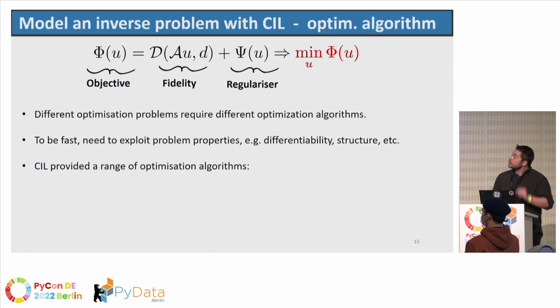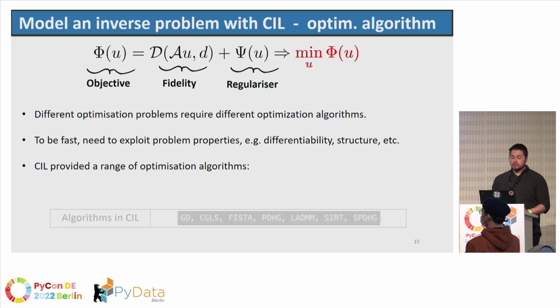The last component we need is, once we have specified everything, we end up having an optimization problem. So this optimization problem, we need to solve that. Depending on what kind of optimization problem we've set up, we do need to use a well-suited algorithm to solve that. Some problems are differentiable, some problems have other structure, and depending on all of that, we need to pick a suitable algorithm.